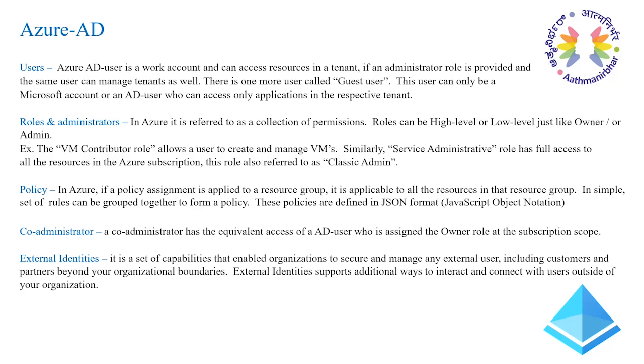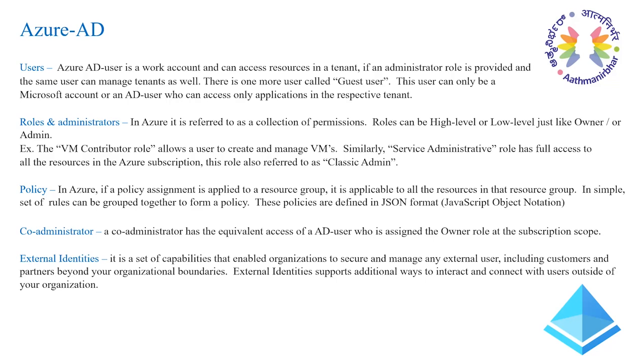He or she is like the root user account, except for deleting that user account, what has been created. He or she can perform all other activities. So a co-administrator has the equivalent access of an Active Directory user who is assigned to the owner role at the subscription scope. What is the subscription scope? We have selected pay as you go or free tier user account, right? That is what it is.